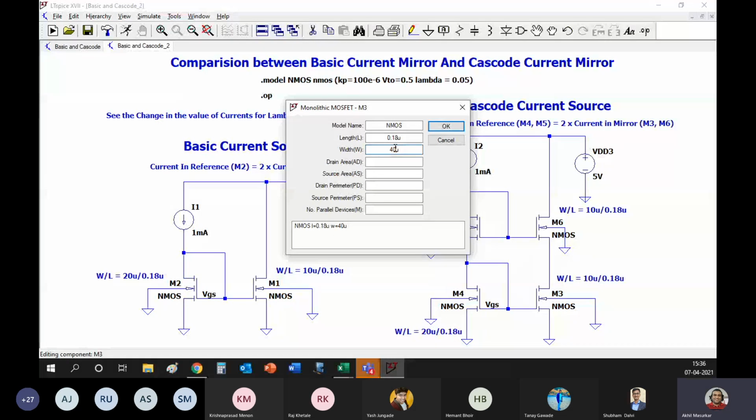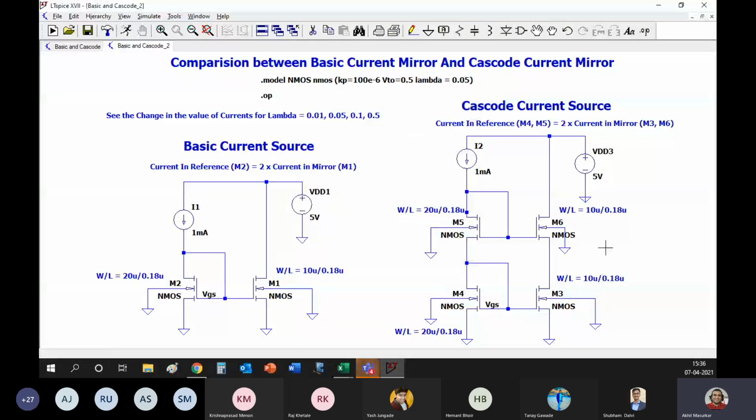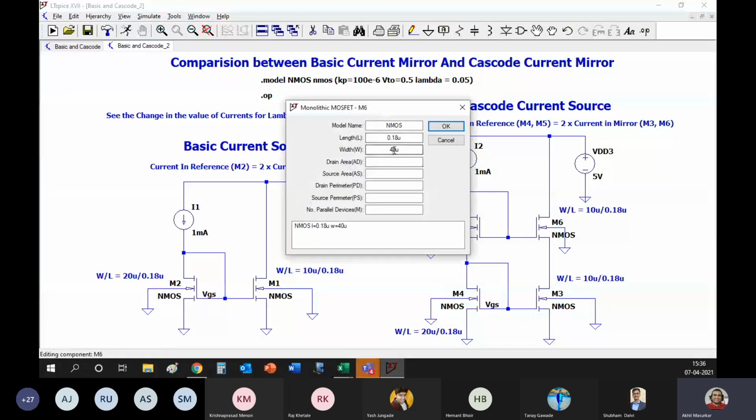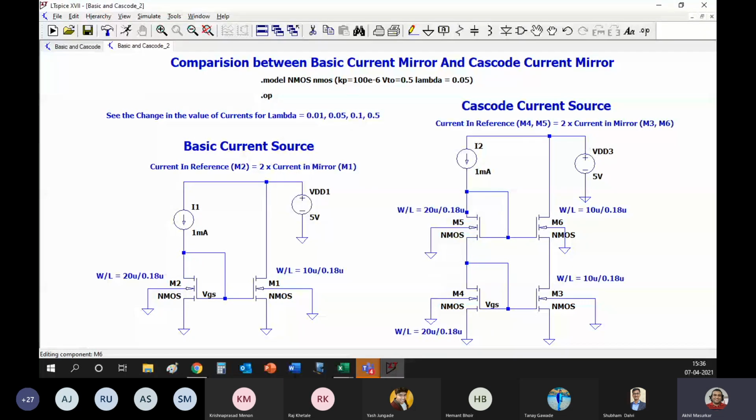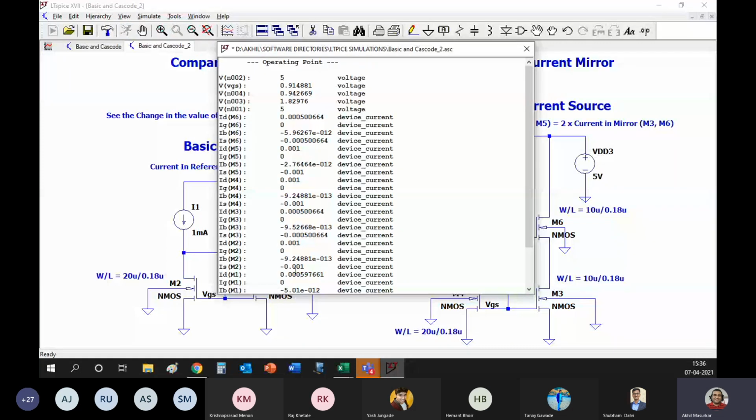Now you simulate this and you can see here that this is 0.059, this is 0.01, this is 1 milliampere, this is 0.5, it should be 0.5 but it is 0.59, whereas here this is 1 milliampere and M3 is 0.05, 0.5 milliamperes. Okay. So this is the next circuit that I want to see.